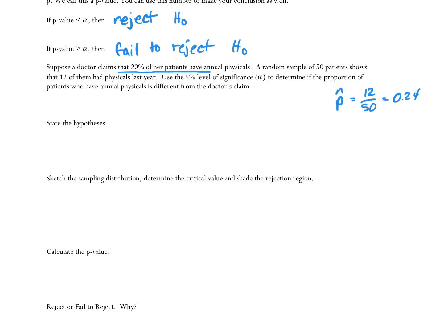Use alpha equals 5%. And we want to see, is it different from the claim? So the claim is p equals 0.2. The alternative would be p is not equal to 0.2.